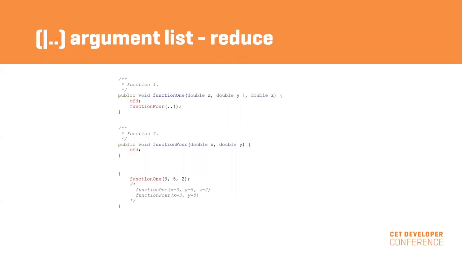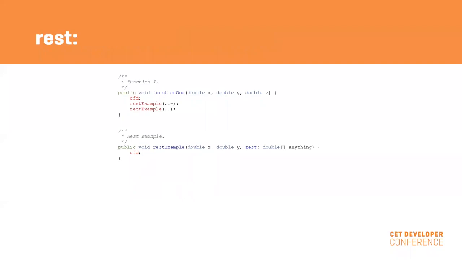And then something to point out is that this can't be combined with the dash, but it can be used with adding additional arguments, as can the dash. So the dash and the vertical bar can both be used with additional arguments in the same way that the regular dot dot is.